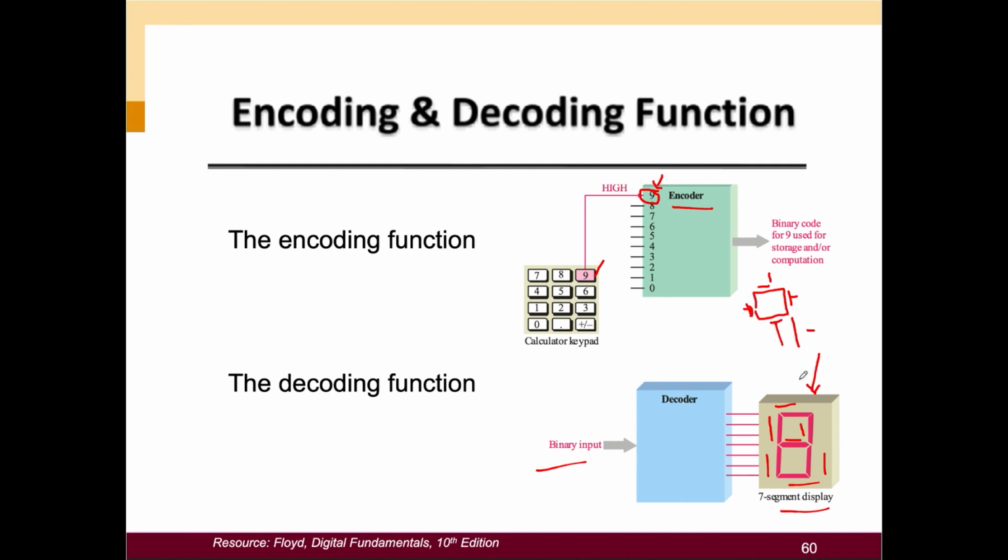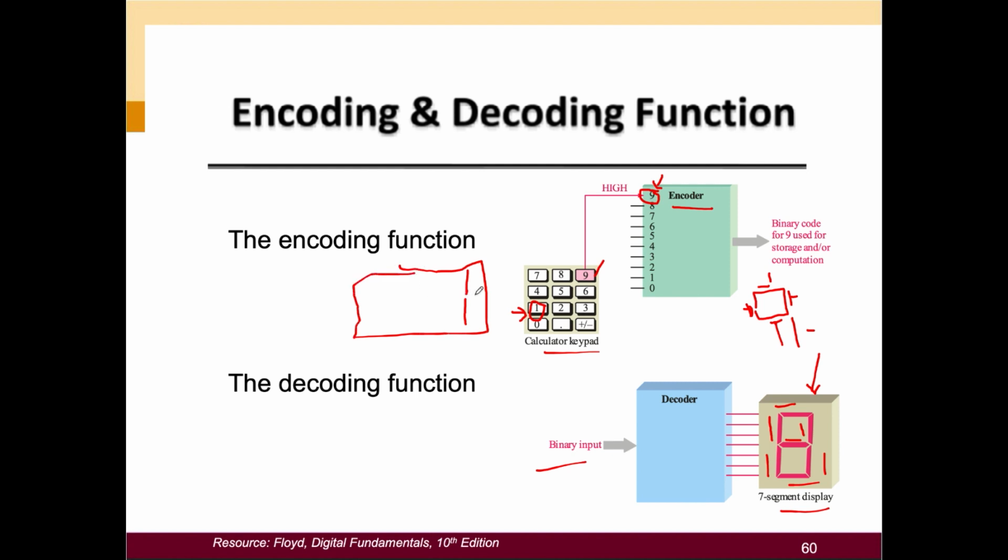Let me give you the example of 1. On your calculator keypad, you only press the number 1, isn't it? You press number 1, you will get this on the 7 segment display of your calculator.